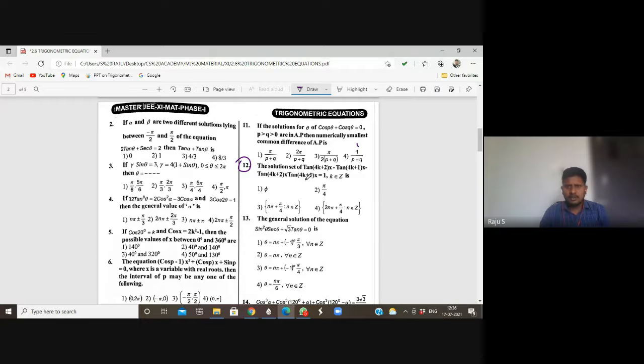The solution set of tan of (4k plus 2) x minus tan of (4k plus 1) x, the last one being multiplication here, is equal to 1, k belongs to Z. What is the solution set? Here they are asking for the general solution. Students, what shall we do here?